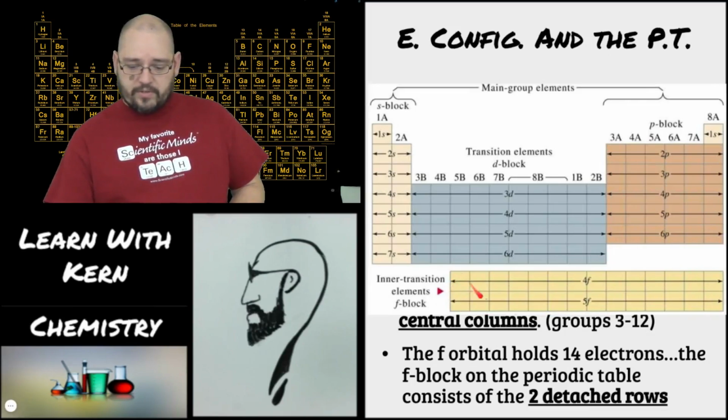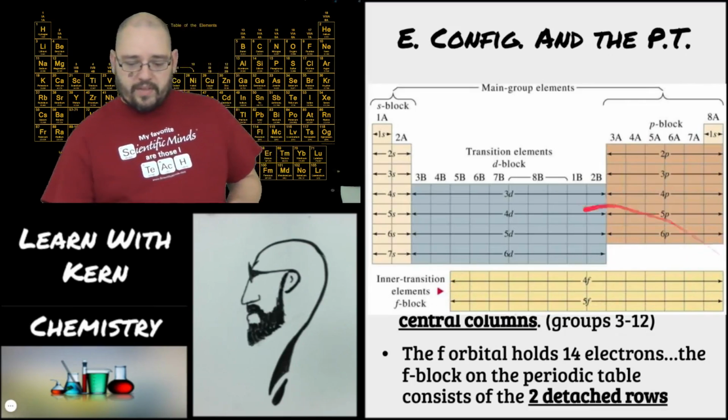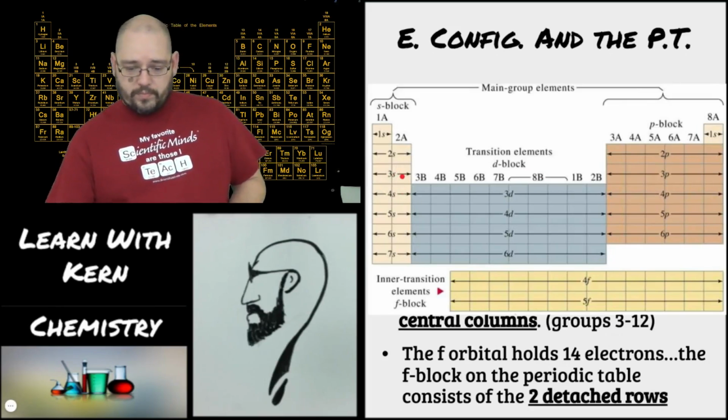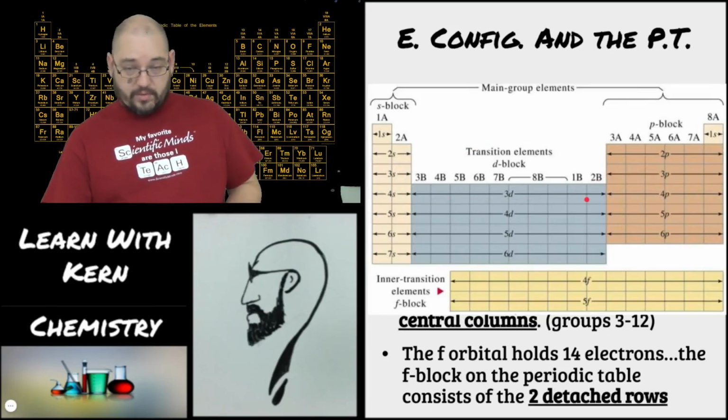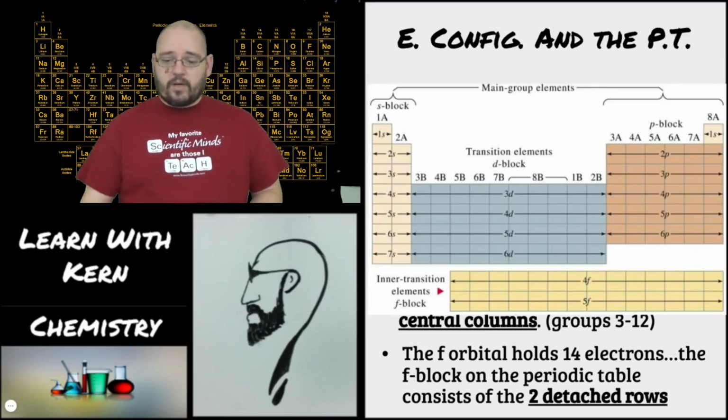Down here at the bottom, there's 14 of those. So we have the 2 columns of the s orbital, 6 columns for the p orbital, 10 columns for the d orbital, and 14 for the f orbital. That's why these are called the s, p, d, and f blocks of the periodic table, because they correspond to the orbitals that make up the electron configuration. All right.